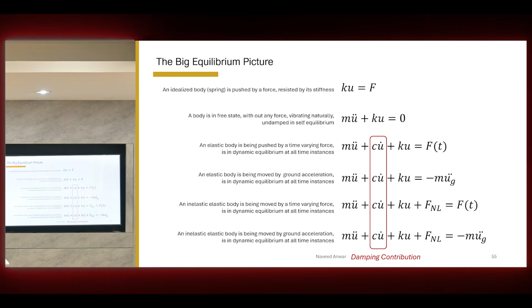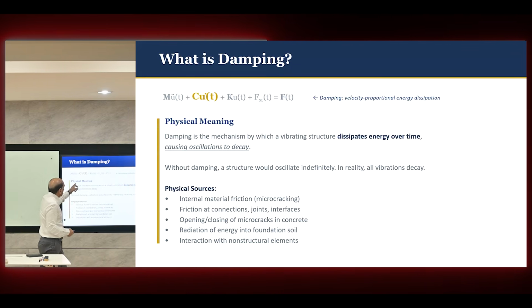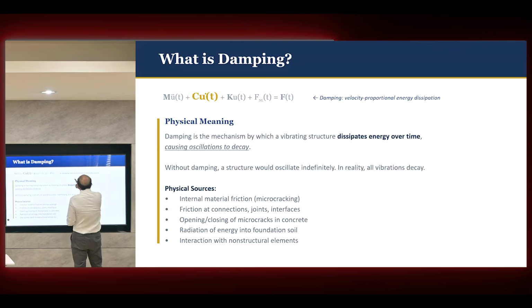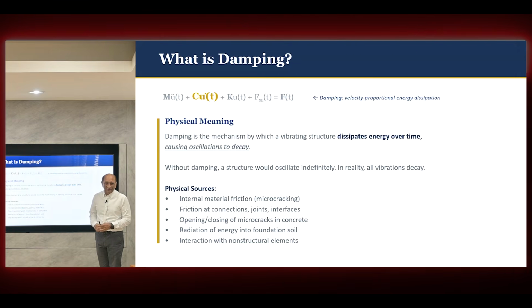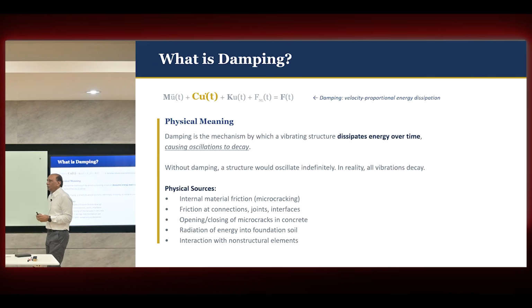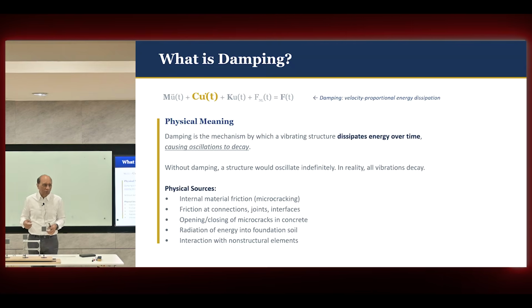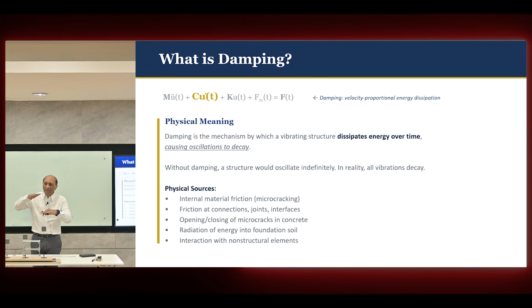So now let's look at damping in a little bit more detail. Damping, this portion here, is a velocity proportional energy dissipation. That's what we call it. It's an energy dissipation which is velocity controlled. Motorcycles, old style especially, have these shock absorbers in the front and the back, right? If you watch them carefully, that shock absorber is a damper.